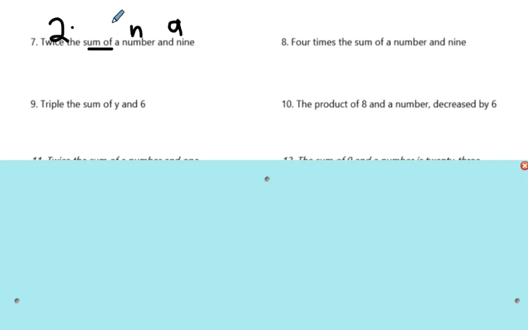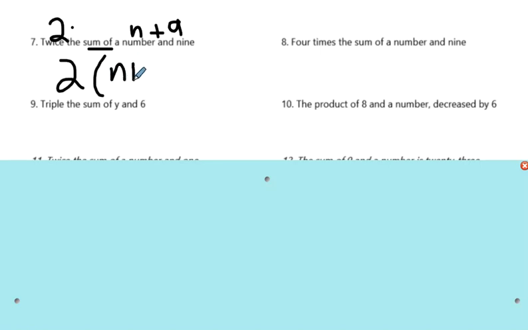A lot of times I see people put the plus sign and then the n and the 9, but that doesn't really make sense. So we want to make sure we have n plus 9. If I were to write all of this out, it would be twice whatever we get for the sum of n plus 9.